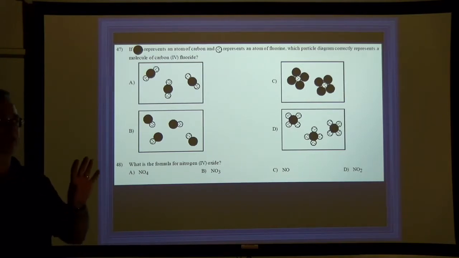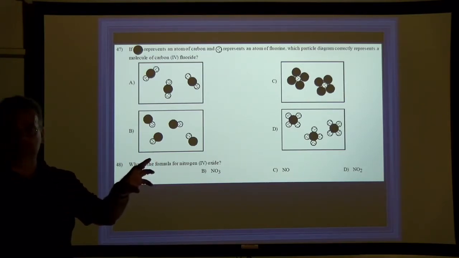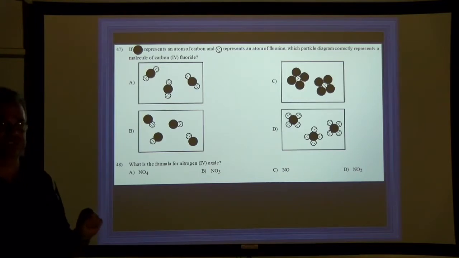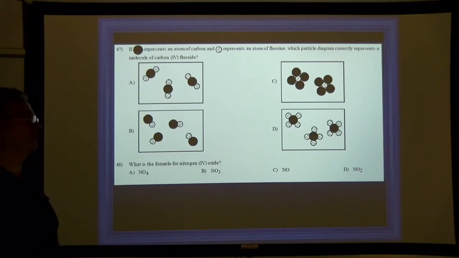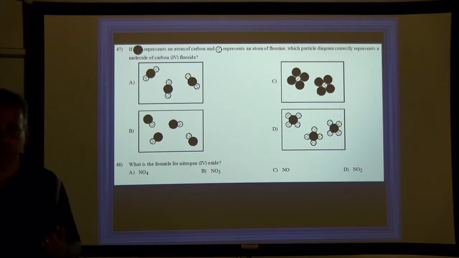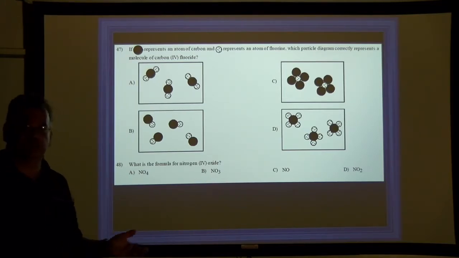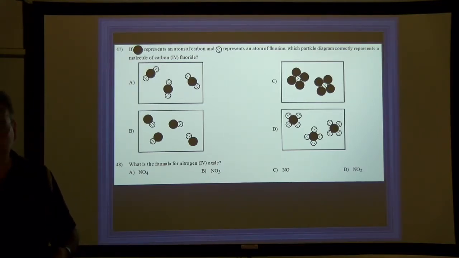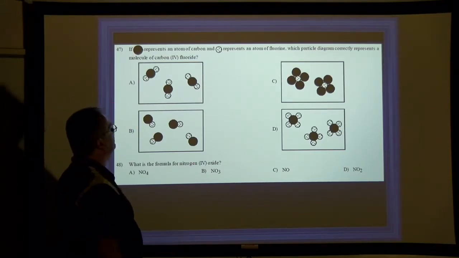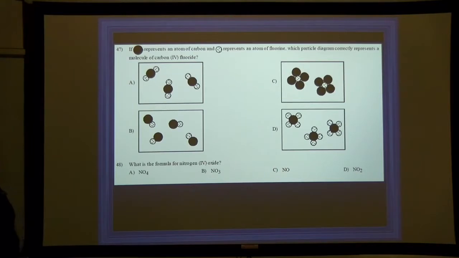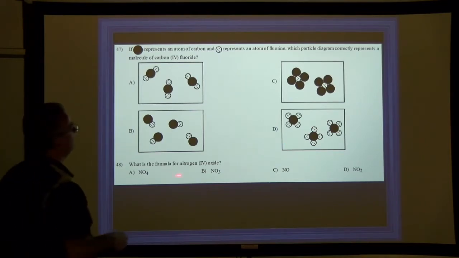If I've got a C, how many bonding electrons will the C have? It has 4 valence electrons, so it's going to form 4 bonds. Fluorine has only 1 bonding electron. So it's going to take 4 fluorines to connect to 1 carbon, right? So which diagram would be correct? Choice 4 would be correct, right?